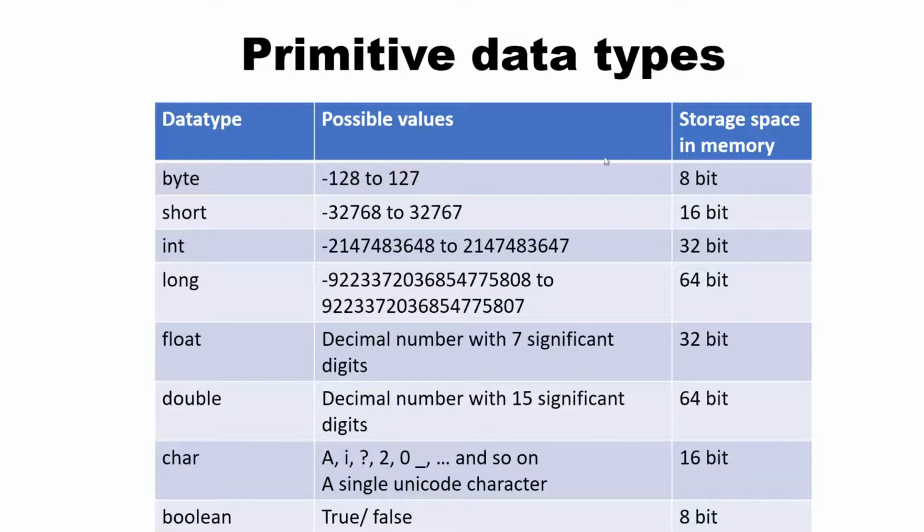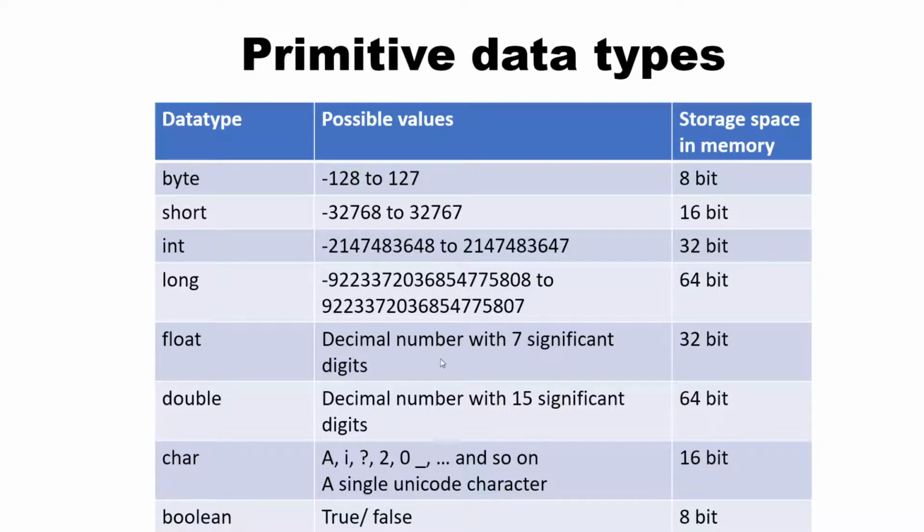For example, a byte, which is a number between minus 128 to 127, only takes up 8 bits, short 16, and so on, 32 and 64 bits. And when it comes to these types, we normally just use an int. But if you need some very, very large number, you would use a long. But in general, int is the standard.